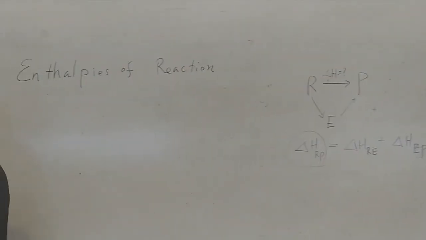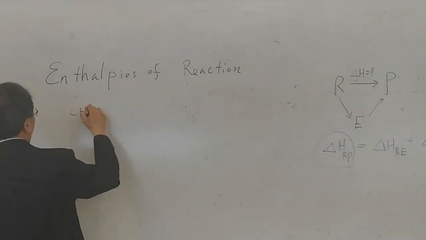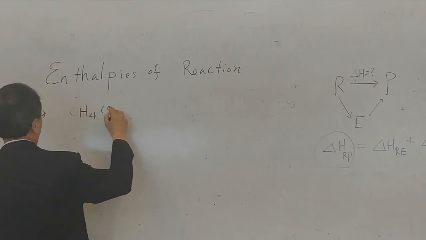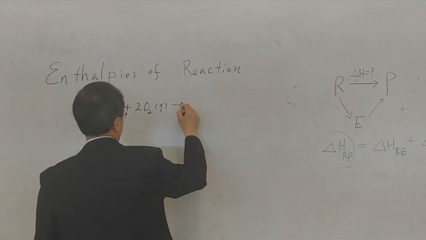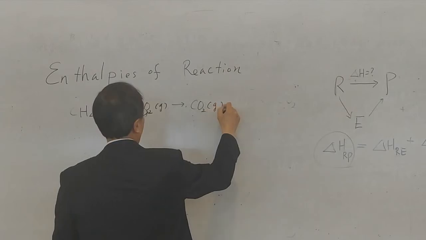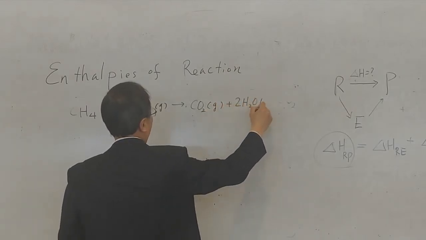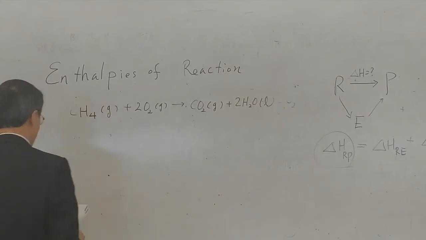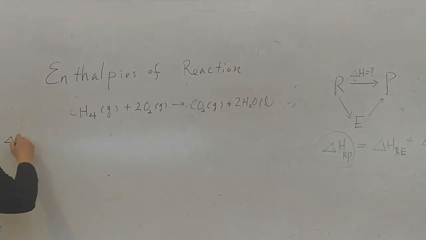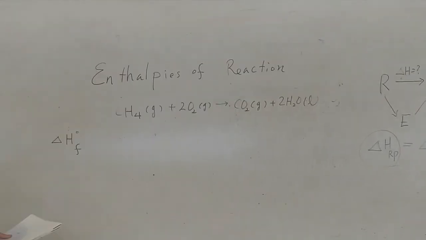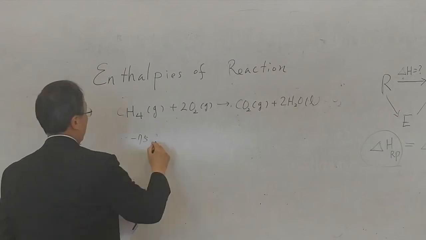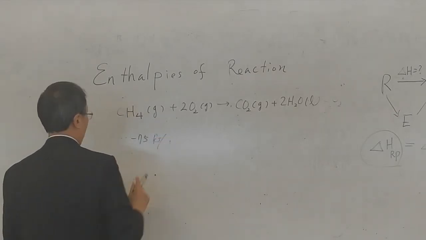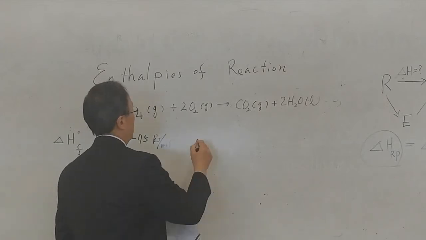Take CH4 plus 2O2 giving CO2 plus 2H2O. The enthalpy of formation at the standard state of CH4 is minus 75 kilojoule per mole. 2O2 is zero.